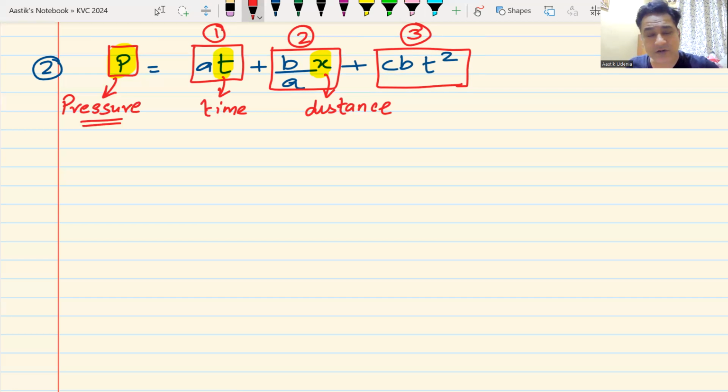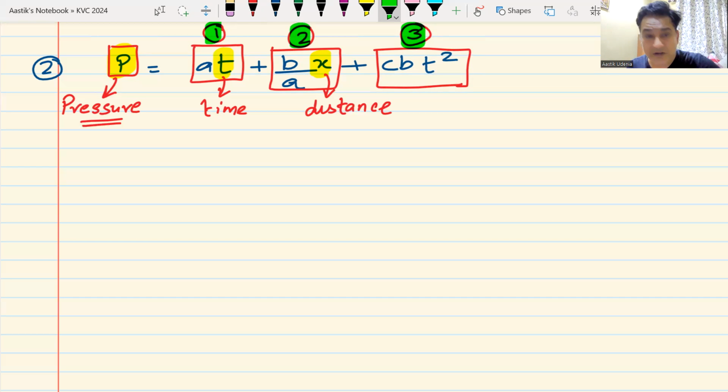Only those physical quantities can be added or subtracted which are the same. That means block number 1, block number 2, and block number 3 must all be the same dimensionally. And their dimension must be the same as the dimension on the left hand side.